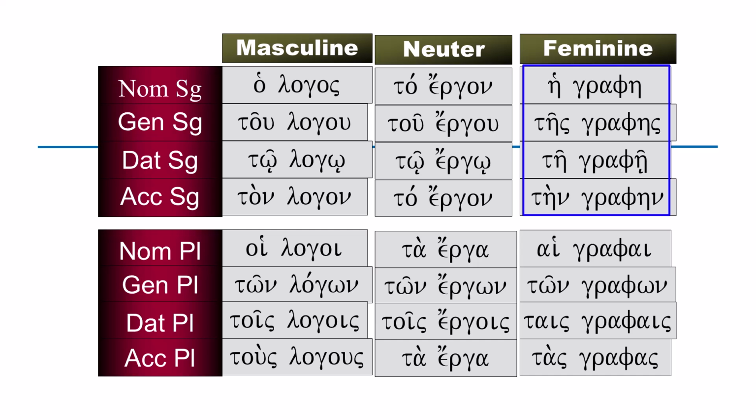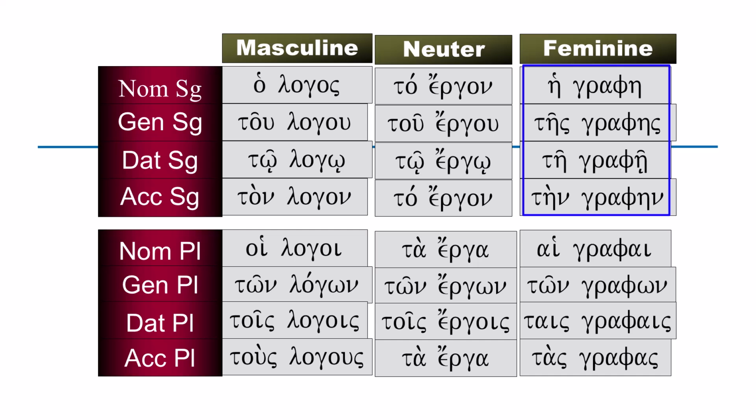And this is very important. You need to know the vocabulary, because the vocabulary is what will tell you how to translate the word. The word writing is coming from knowing the vocabulary, because graphe in the vocabulary means writing. And so without knowing the vocabulary, you are not going to know how to translate the word. And so you have he graphe, meaning the writing.